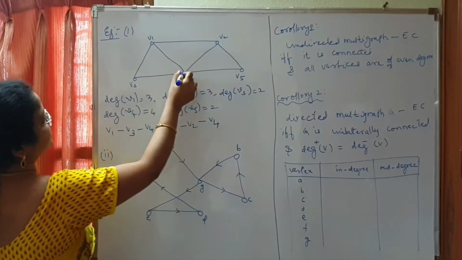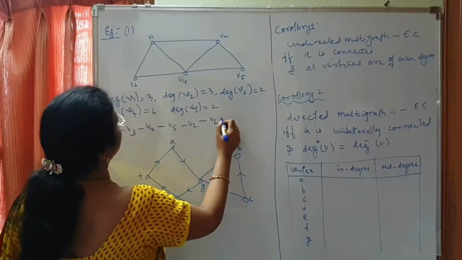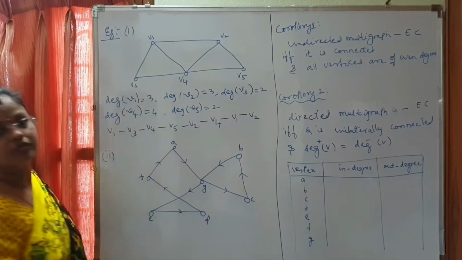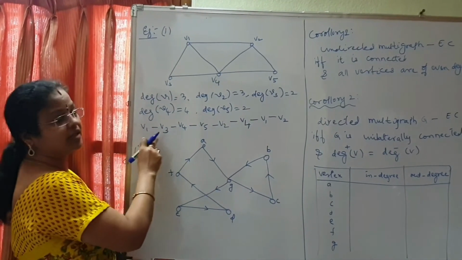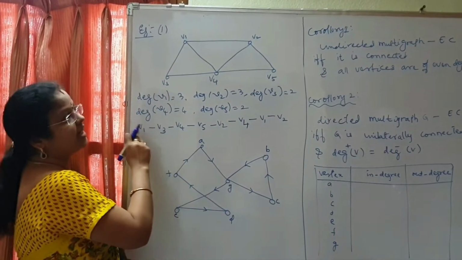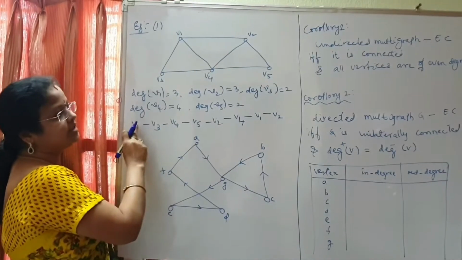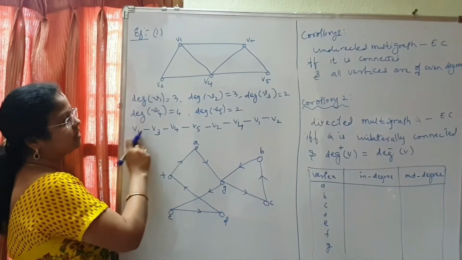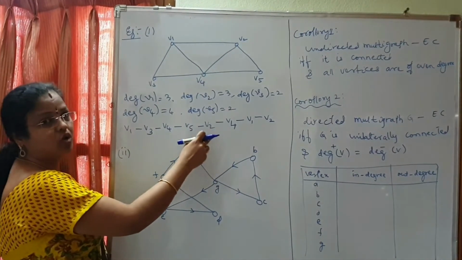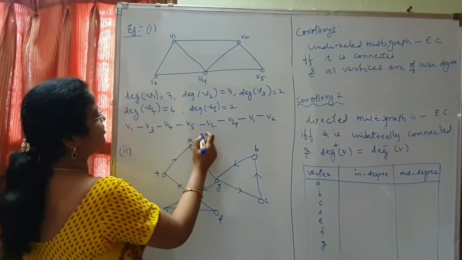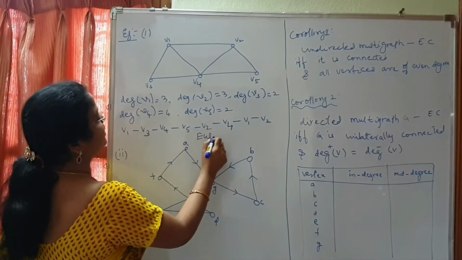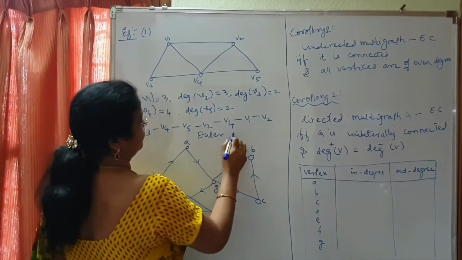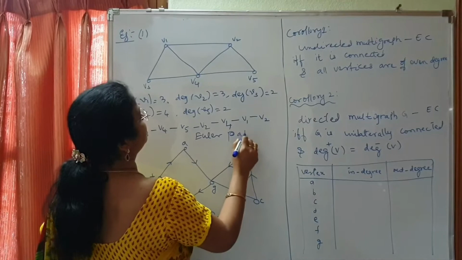Again we have to cover this edge, V4 to V1 and V1 to V2. Now this is the path, and in this path we are crossing each edge exactly once, but we have crossed the vertex V2 two times. Therefore it represents just an Euler path. It is not an Eulerian graph, but it has an Euler path.